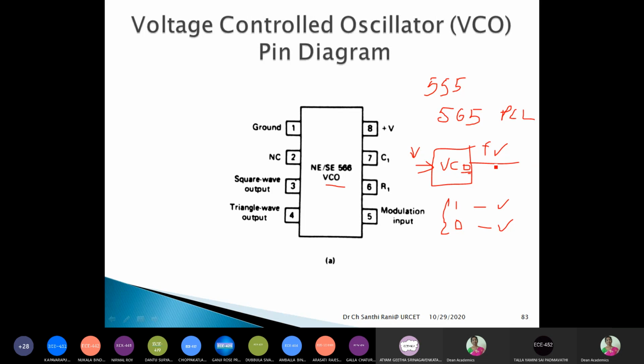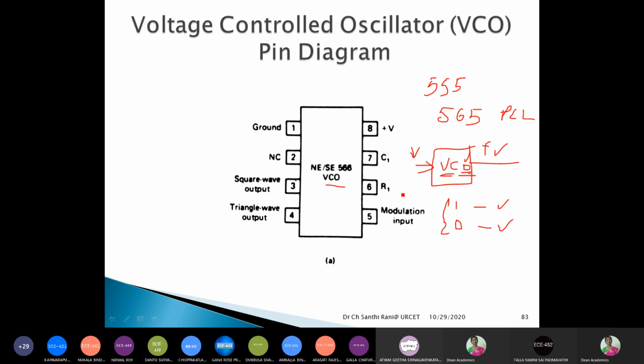Oscillator generates oscillations of a particular frequency, depending on the control voltage that we apply. The input voltage controls the output frequency of this oscillator. Therefore, we call this a voltage controlled oscillator.